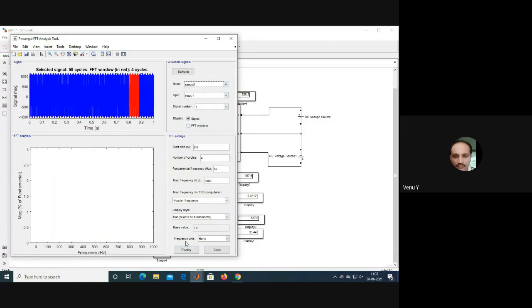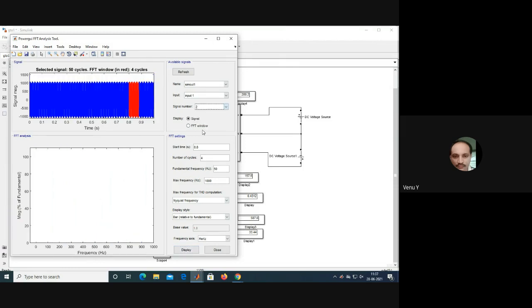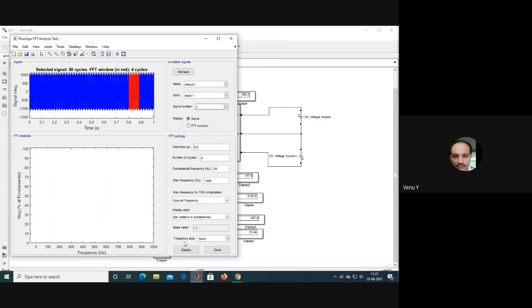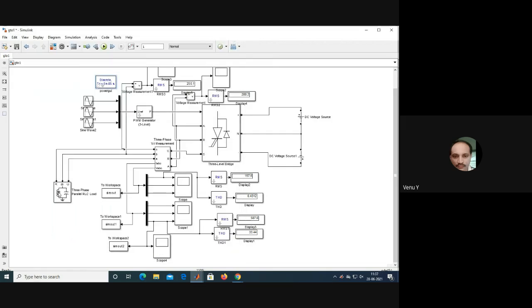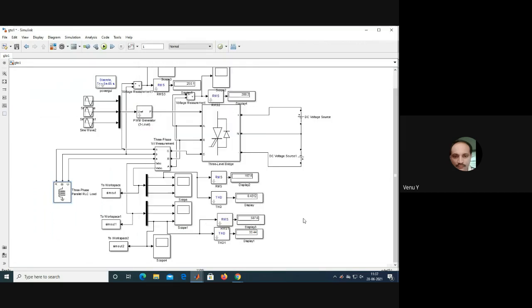Sim output 1, very high, 3400, 3300. Not acceptable, okay. So it may be suitable for inductive loads. Anyhow, we need inductive compensation most of the times. So it is better suited for that.